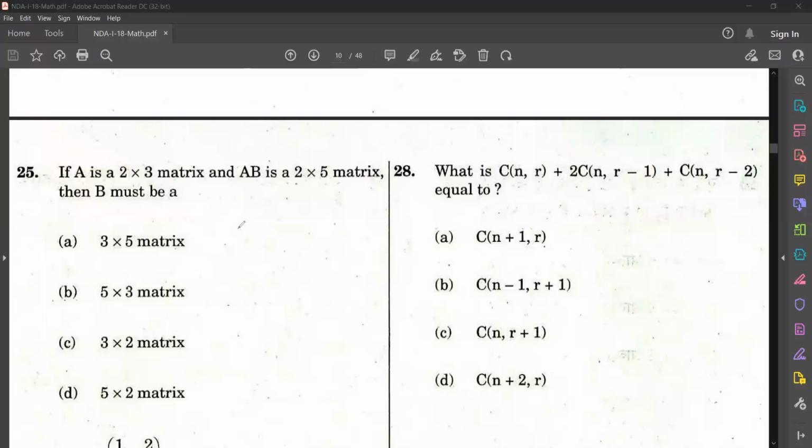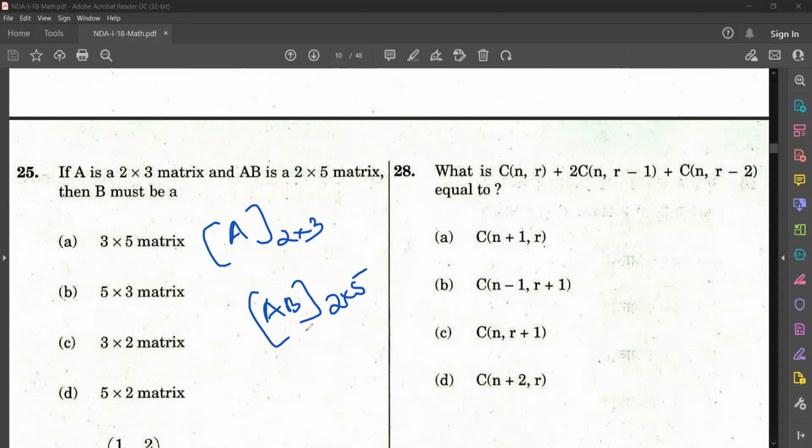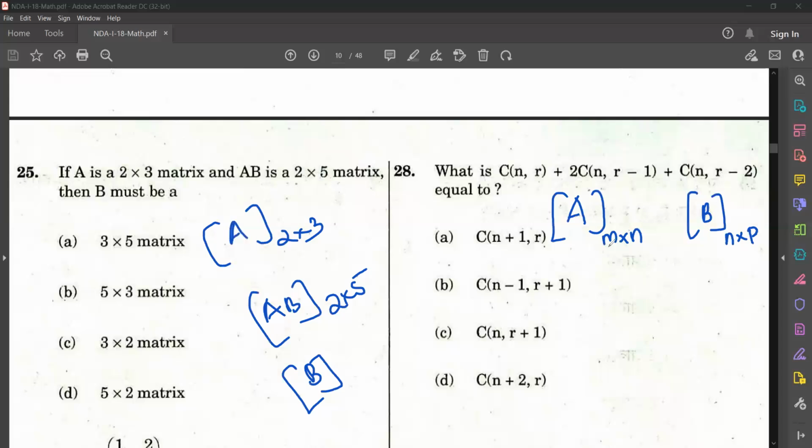If A is a 2 by 3 matrix and AB is a 2 by 5 matrix, B must be what? What is the order of the B matrix? We know we can multiply two matrices only if the number of columns of the first matrix is equal to the number of rows of the second matrix.